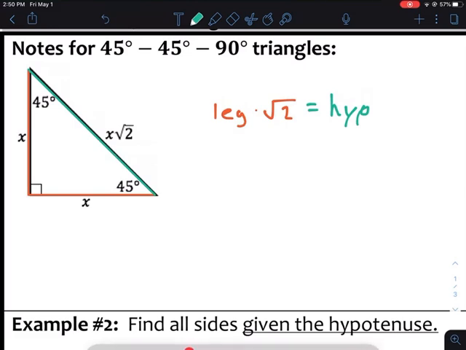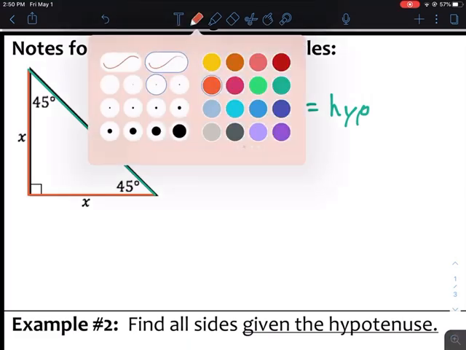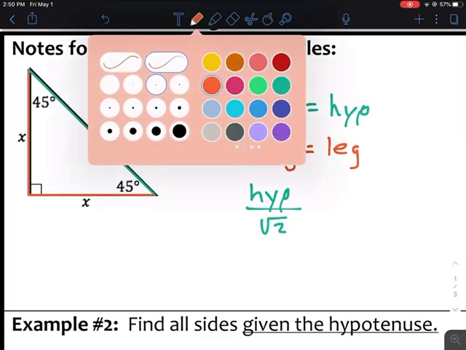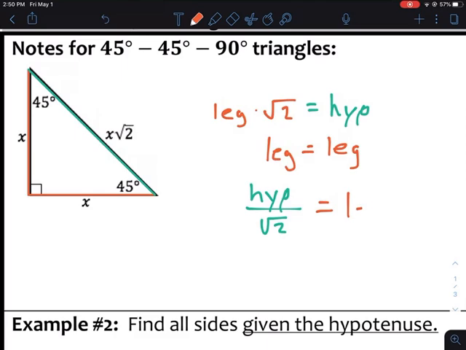Okay, we also know that each leg is congruent, so leg equals leg. And if we are given the hypotenuse, instead of multiplying by square root of 2, we would divide by square root of 2 to then equal the leg.